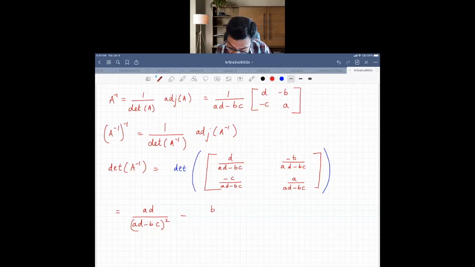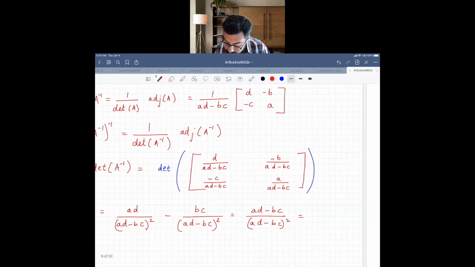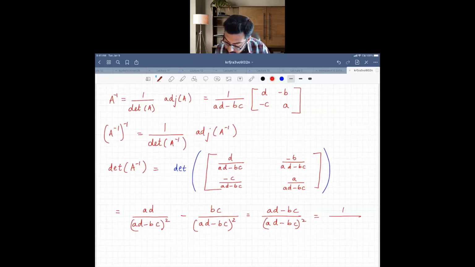I have minus BC divided by AD minus BC squared as well, which gives me AD minus BC divided by AD minus BC squared, which gives me 1 divided by AD minus BC, which is 1 divided by determinant of A, right?